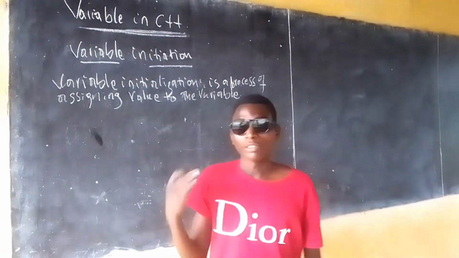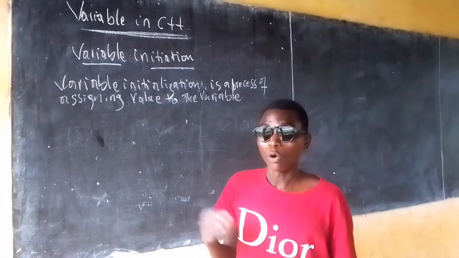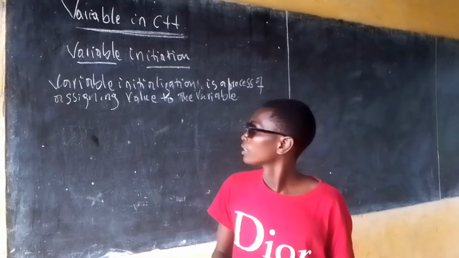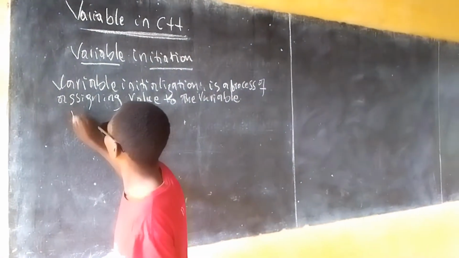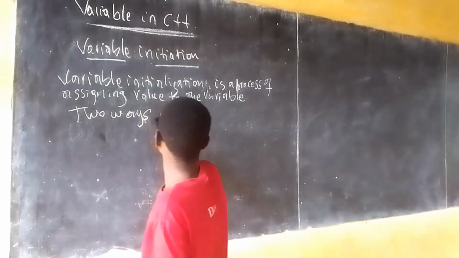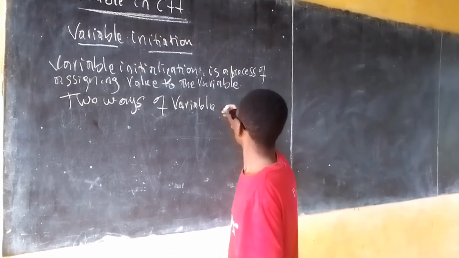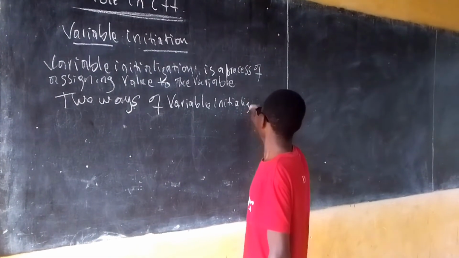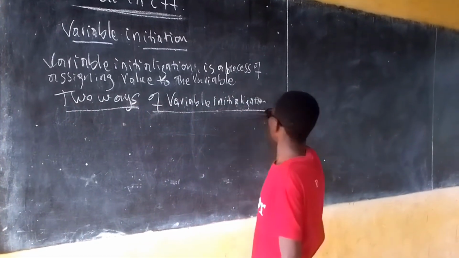You can declare and initialize a variable at the same time, or you can declare the variable first and then initialize it at a second time. So, two ways of variable initialization.